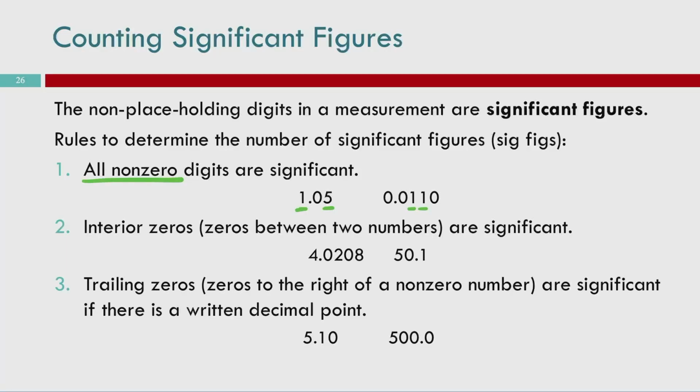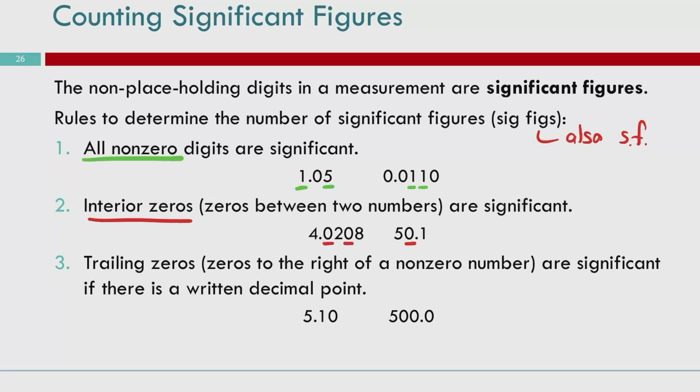Now on to the zeros. Interior zeros, if they're between two numbers, those are significant. So all of these zeros are significant. And significant figures is often shortened as sig figs, and also further shortened as SF.